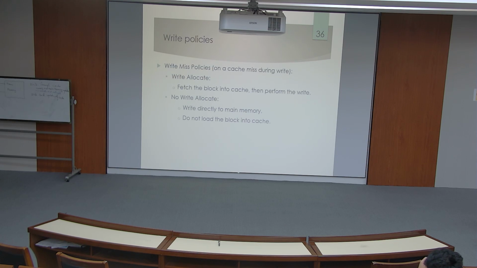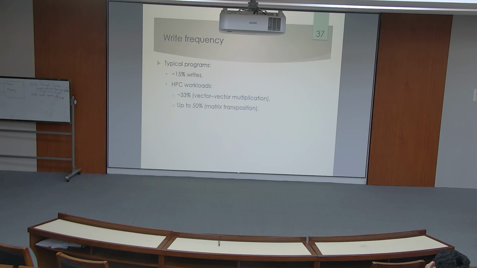That means the write operation is done immediately to the main memory, and there is no need to load the same block of data into the cache memory. But for write allocate, we have to fetch the block into the cache memory, then perform the write.